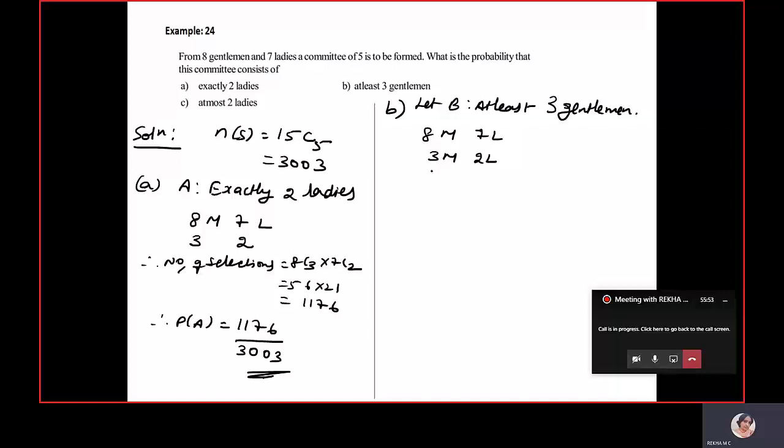So at least 3, then I can take 4 men, 1 lady. Then I can take 5 men, 0 ladies. Further I can't take because the committee consists of 5 members. So therefore the number of selections will be 8C3 into 7C2.